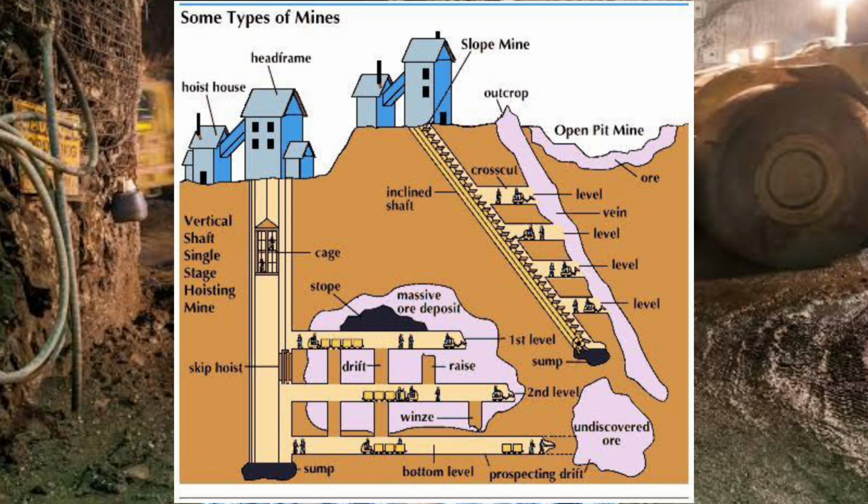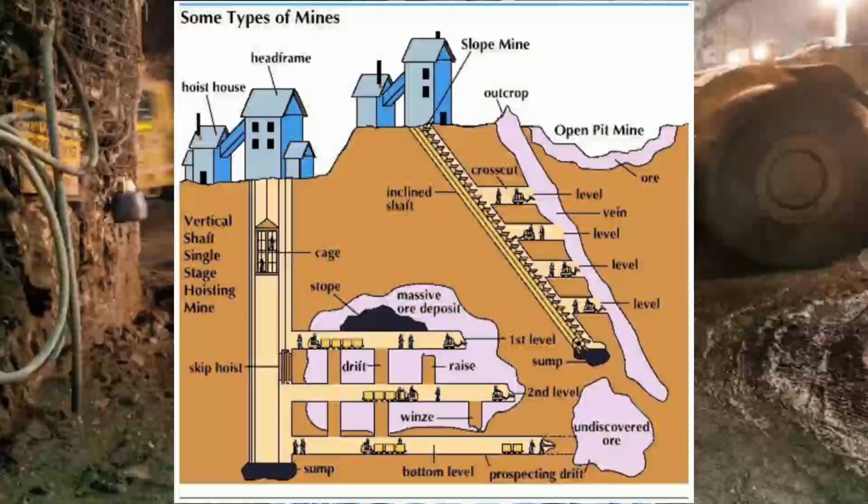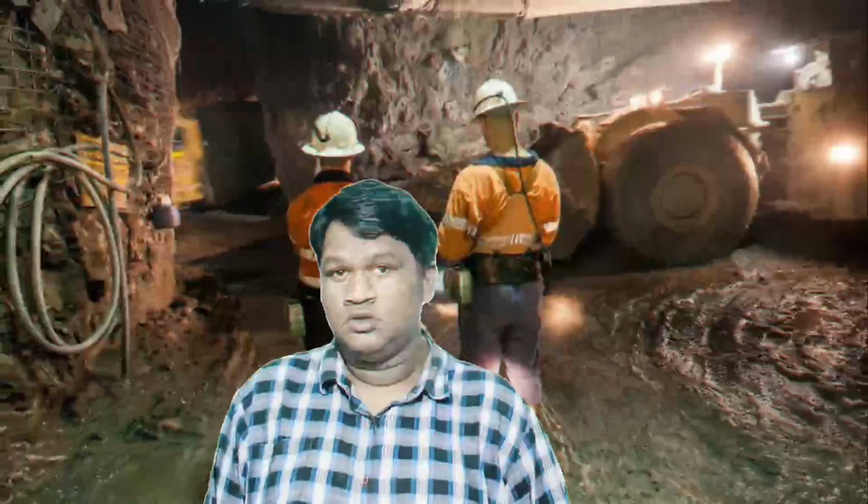What is raise, winch? So basically these are the terminology that is generally used, and this has to be known. In this manner we can study one by one. So let's go to the main topic.